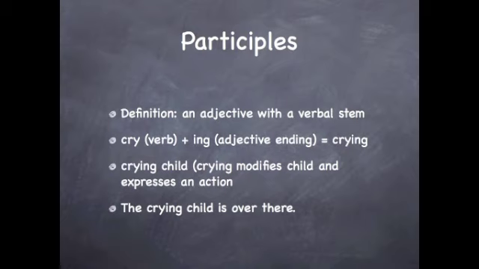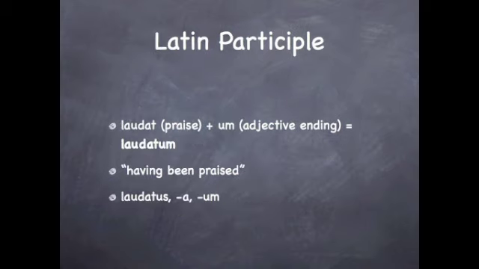In the sentence, the crying child is over there, the real emphasis is where the child is, not necessarily what the child is doing. So, laudatum, we know comes from laudo, laudare, which means to praise. Laudatum, literally, and you'll very rarely ever translate this literally, means having been praised.